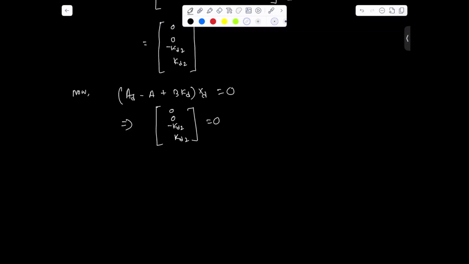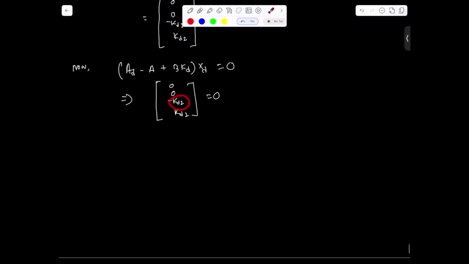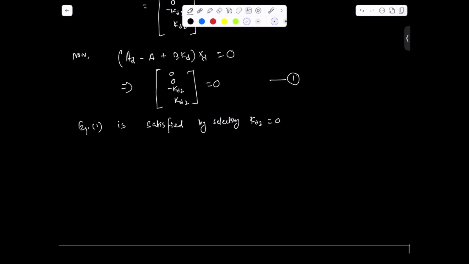This equation only satisfies if you consider KD2 equal to 0. Let me define this as equation number 1. Equation 1 is satisfied by selecting KD2 equal to 0.